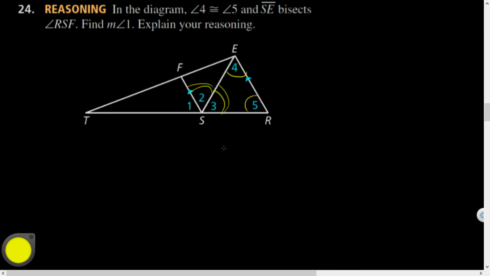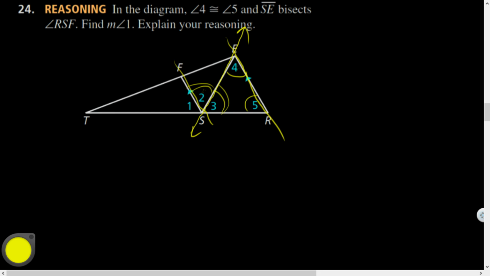Do you agree? I'm also recognizing that SE behaves as a transversal between these parallel lines given, right? I think I could say that angle 2 is congruent to angle 4.